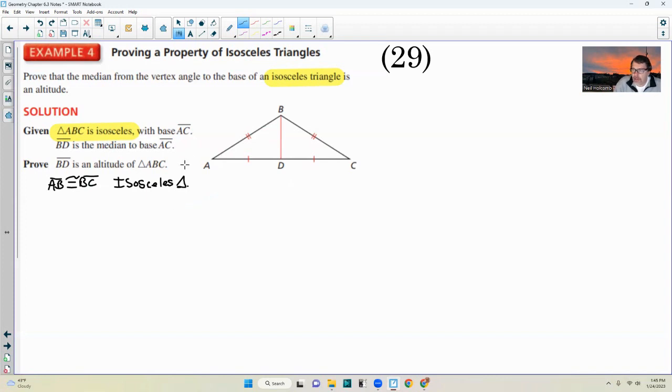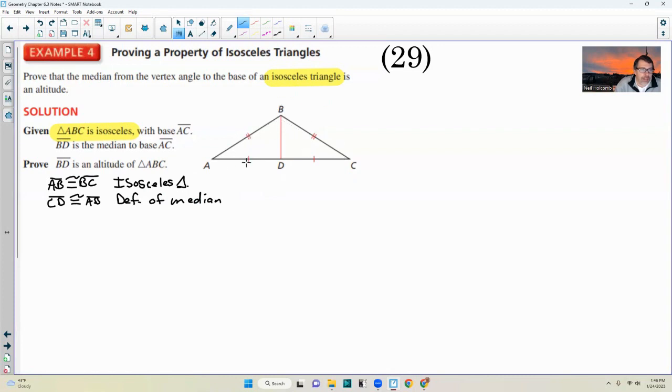CD and AD are congruent because BD is the median. So segment CD is congruent to segment AD, by the definition of median. That makes this congruent to this. AB is congruent to BC because of the definition of an isosceles triangle.